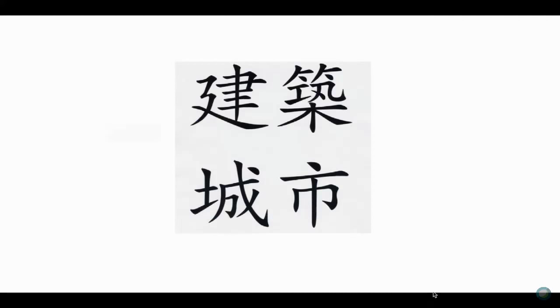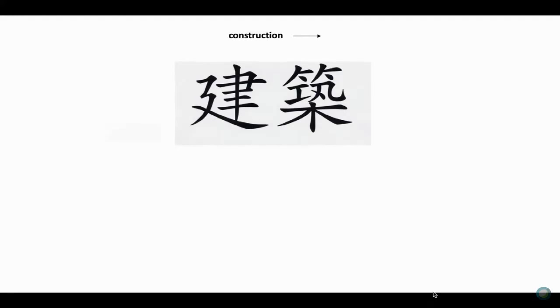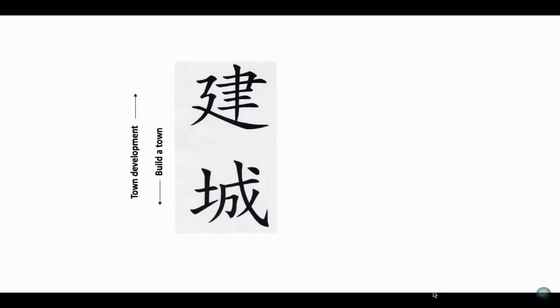Faced with something, a script like this, and you wonder, how can I read that? Well, if you understand the characters, you can start composing different meanings. The word construction, the word architecture. In other words, you can read from left to right or right to left. You can read from top to bottom or bottom to top.